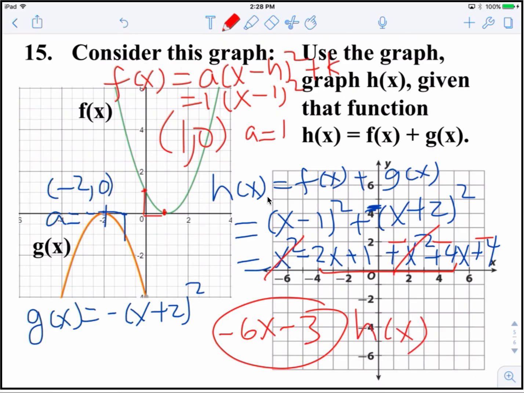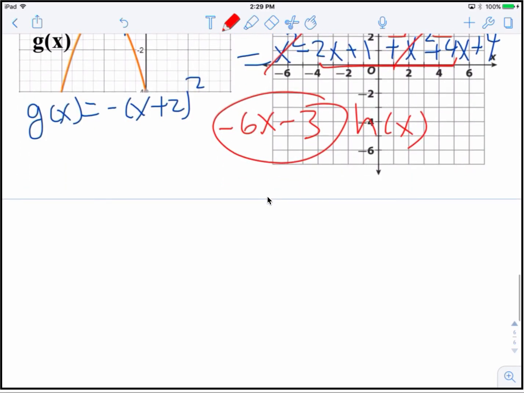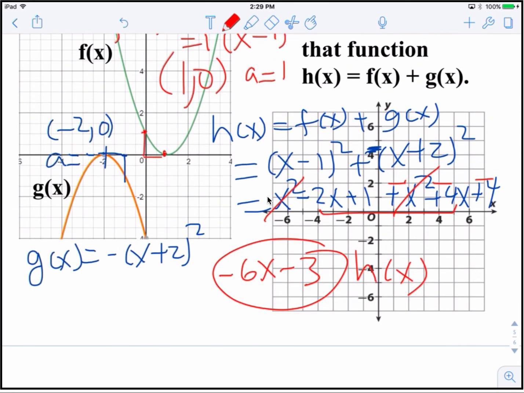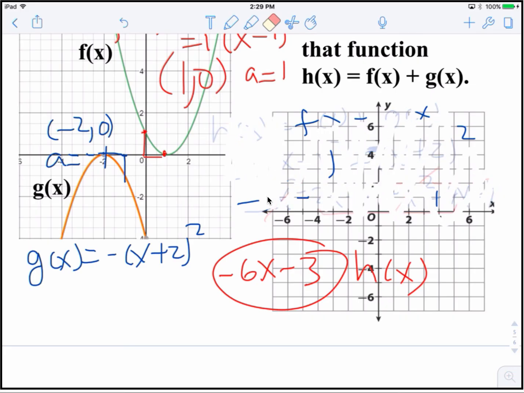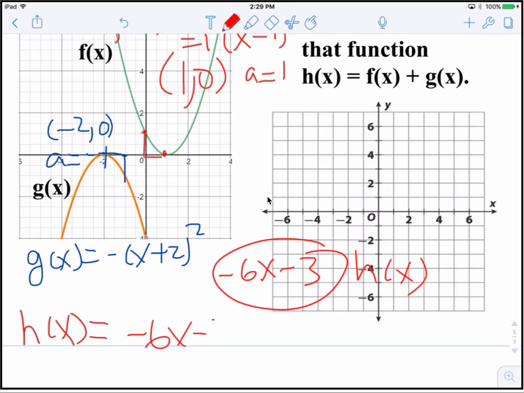Okay, I need more room to graph, so let me erase this part out. Let me rewrite our h of x equal to negative 6x minus 3.